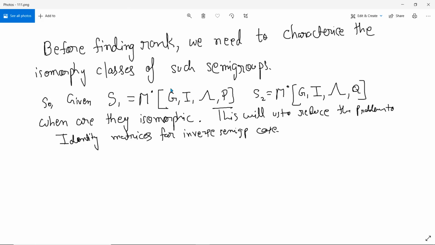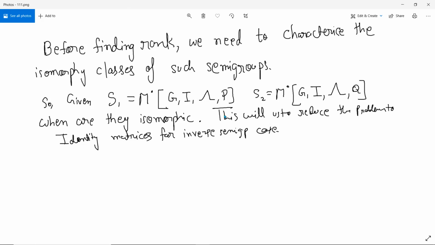Let's say you assume that, then you have these two semigroups in which the number of rows and number of columns is the same. You can notice this. And this is obviously the first constraint. If that is different, then they have a different number of elements, and so there's no way they can be isomorphic. But the matrices P and Q are potentially different.